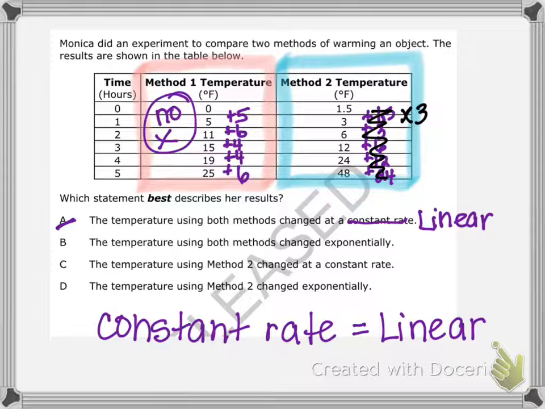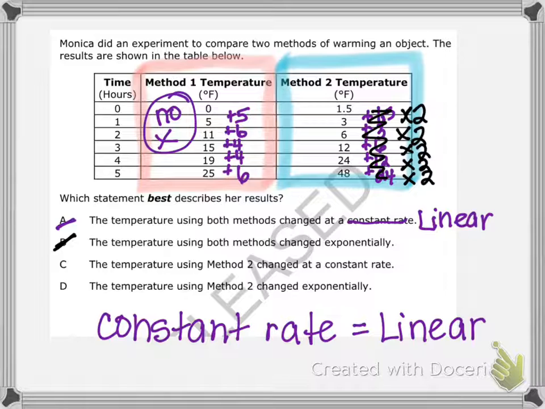So, excuse me, not times 3, times 2. And then 3 times 2 again will give me 6. 6 times 2 again will give me 12. Times 2 will give me 24. So we know that they are not both exponential. But at this point, I now know that at least method 2 is exponential.